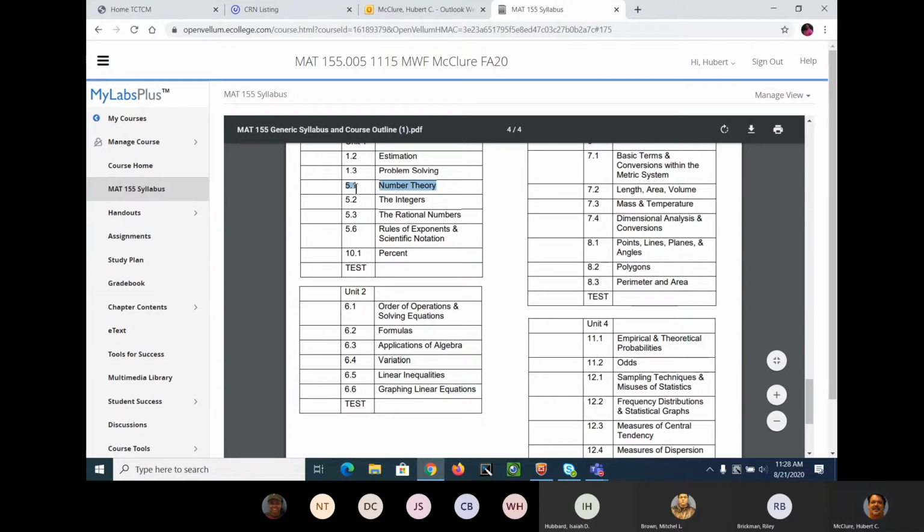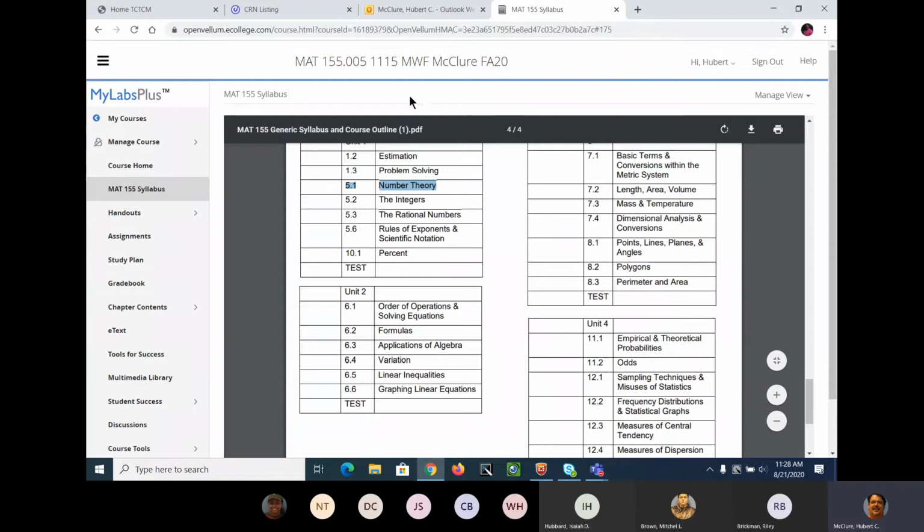Chances are I'm not going to get through to 5.2. I might start it, but I'm not going to get through it. With that being said, we're going to conquer 5.1 today.